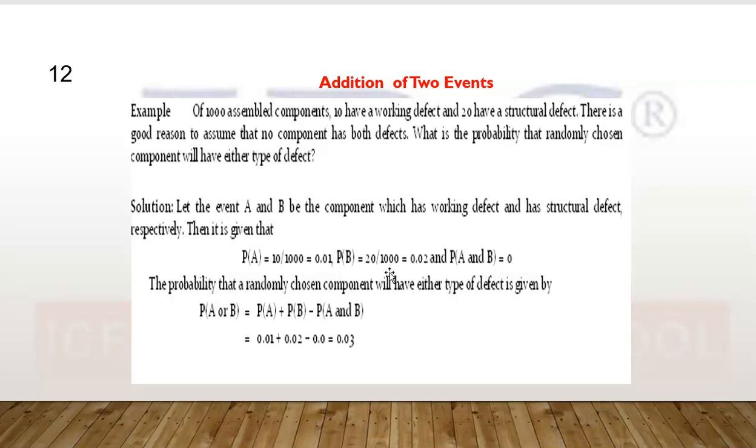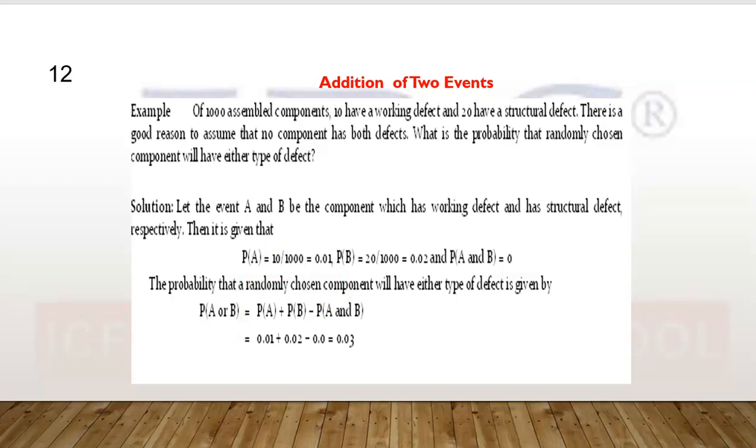Now the joint occurrence probability is 0 because you cannot have both the defects. So P(A intersection B) is 0. We use the same formula, P(A or B) equals P(A) plus P(B) minus P(A intersection B), and we substitute the values of P(A), P(B), and P(A intersection B) is 0. So we get 0.03. Okay. So this is how we apply this addition law in finding probabilities.